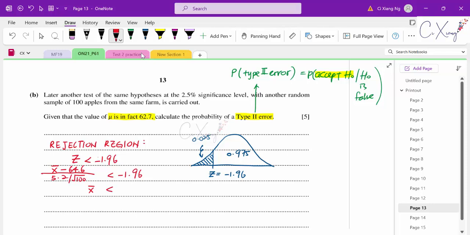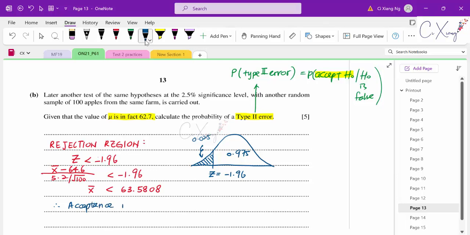By moving all the values around, you should get an inequality in terms of x bar, which is x bar less than 63.5808. That means later, if you carry out any test and find that the sample mean is less than 63.5808, then you can reject the null hypothesis. So this is the rejection region. Therefore, what is the acceptance region?